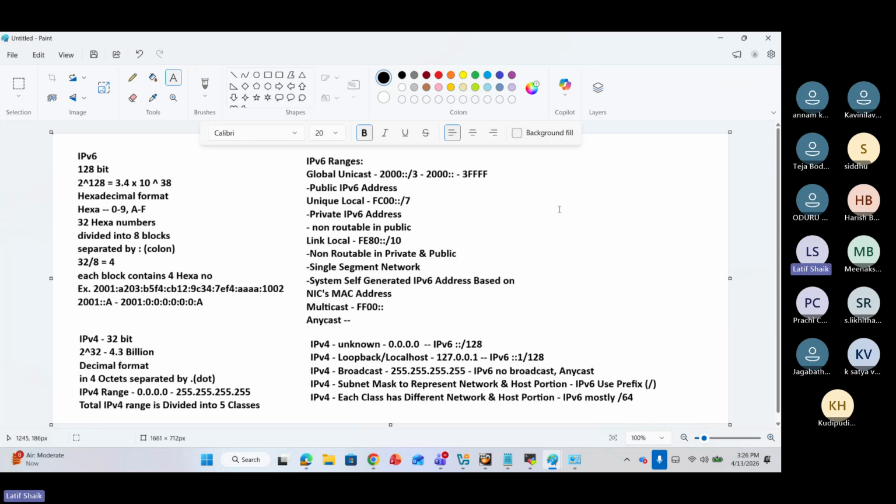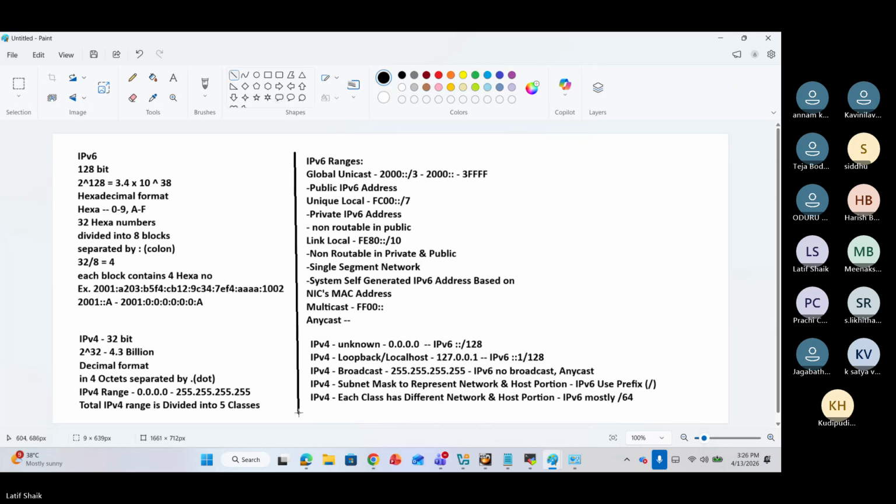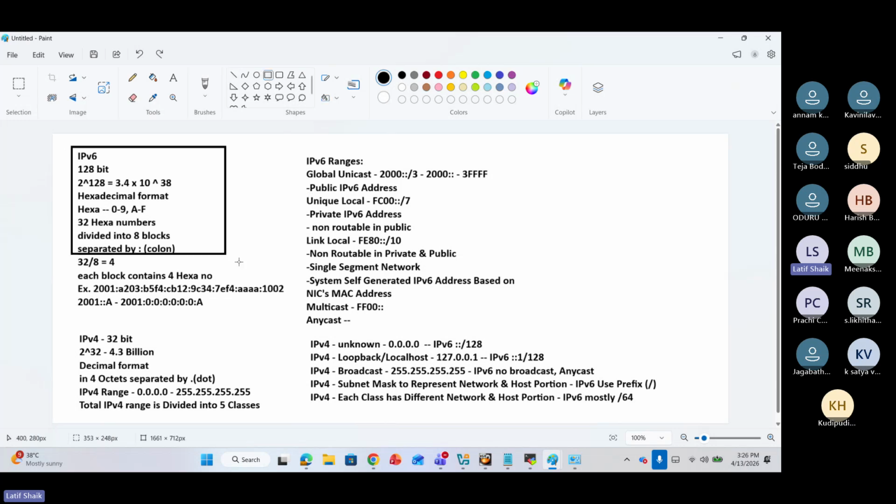Guys, these are the differences between IPv4 and IPv6. Different boxes are there. This is completely the IPv6 box, and this is the IPv4 and IPv6 comparison box.